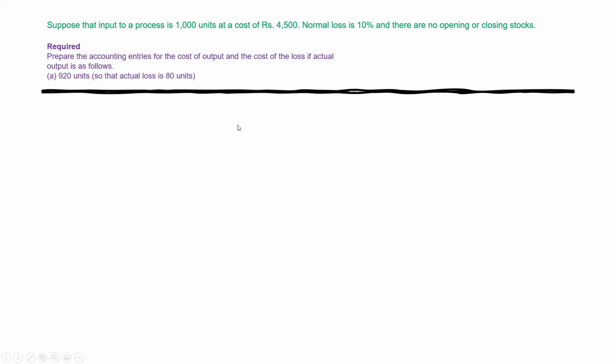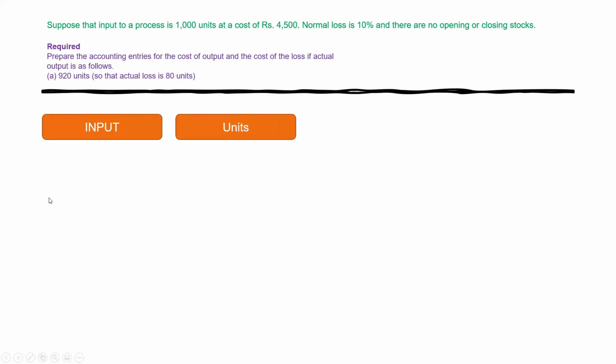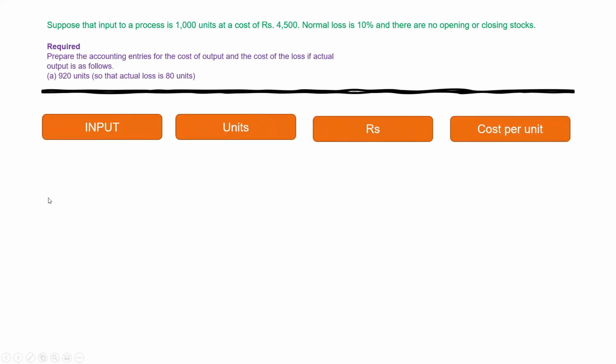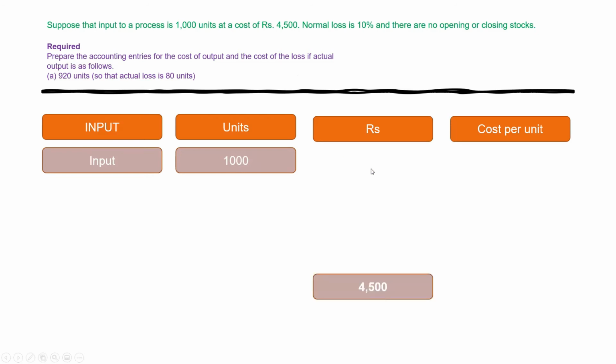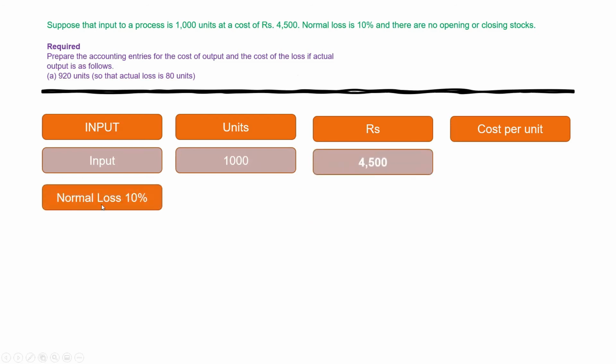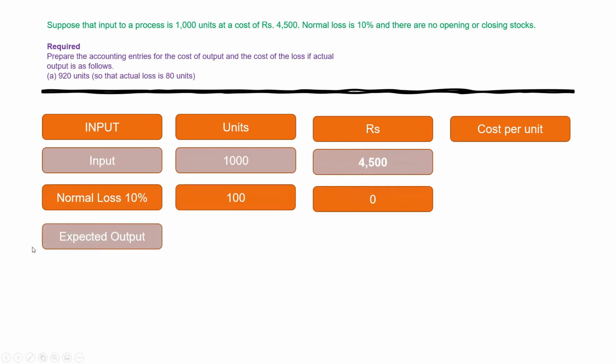So let's analyze the information now. How much is the input to a process? 1000 units, and the cost is 4500. Then the normal loss, 10% on 1000 units, will be 100 units, and there is no cost allocated. Then how much is the expected output?